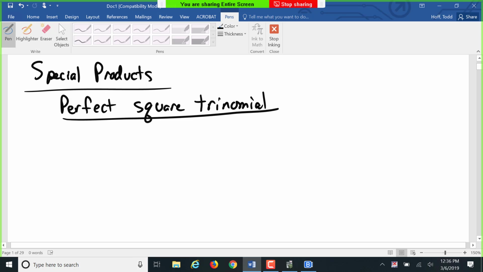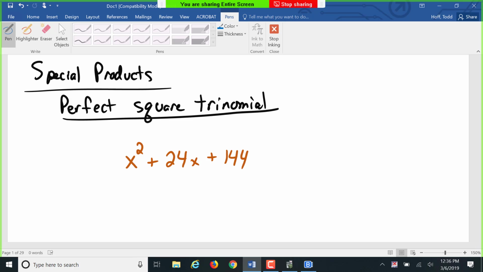So we need to be able to identify a perfect square trinomial, and then also break it down into what that binomial is that we square to get it. So I might have x squared plus 24x plus 144. Is that a perfect square trinomial? How do we know?